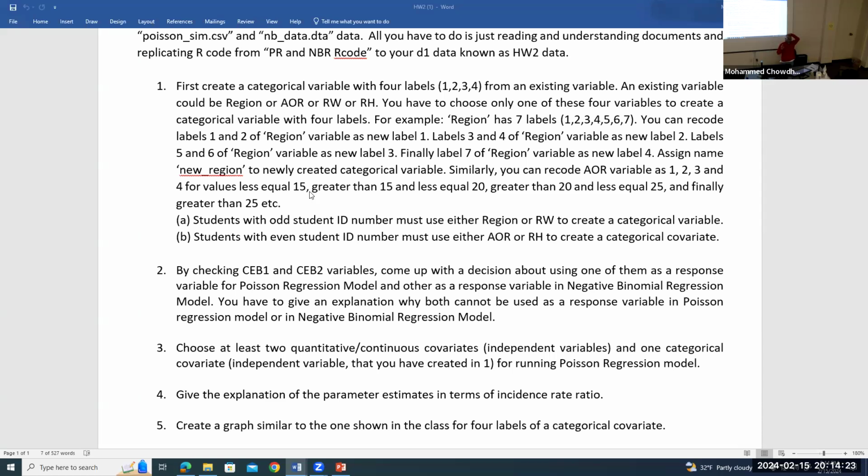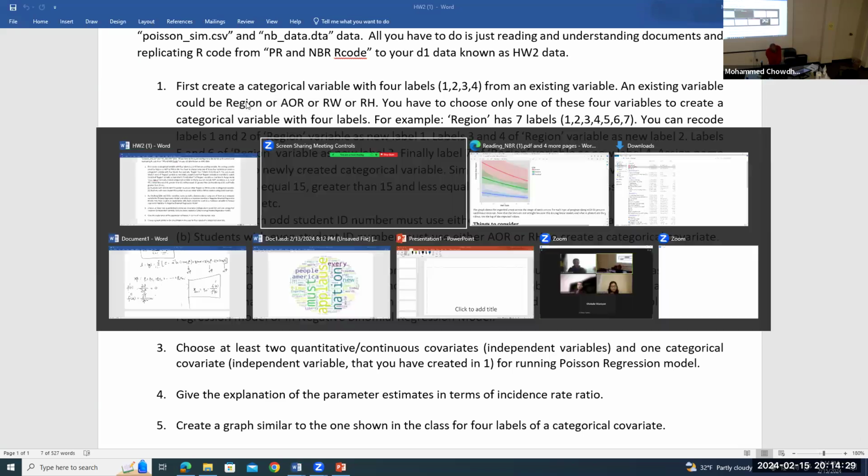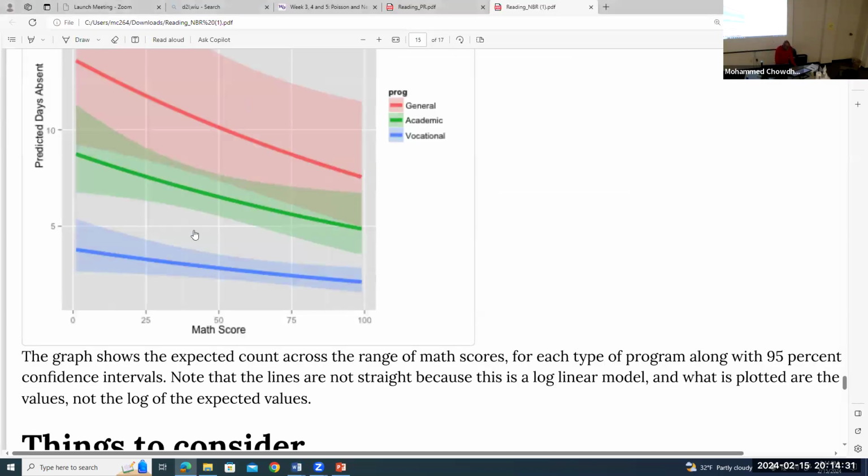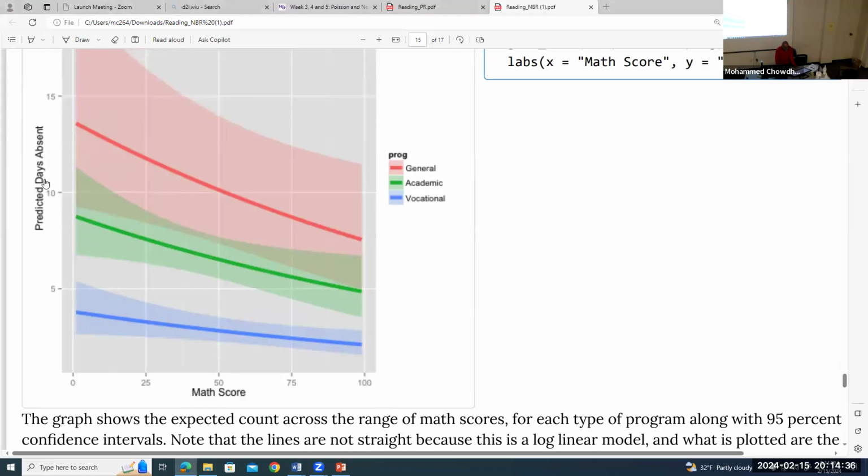Now, in order to predict the CEB and construct curves similar to this, in the y-axis, it should be CEB1 or CEB2. For Shafali's case, it should be CEB1 one time when she fits Poisson.